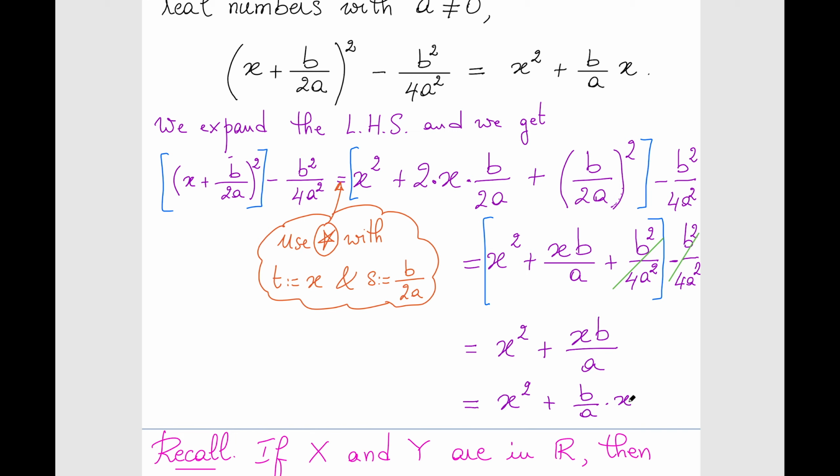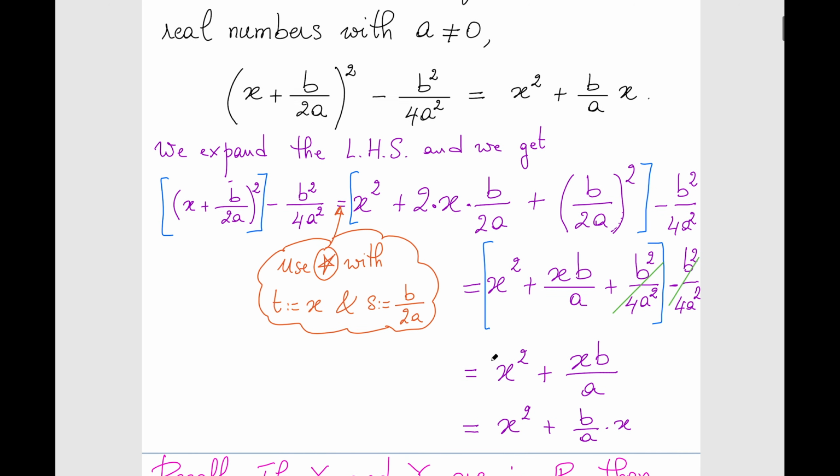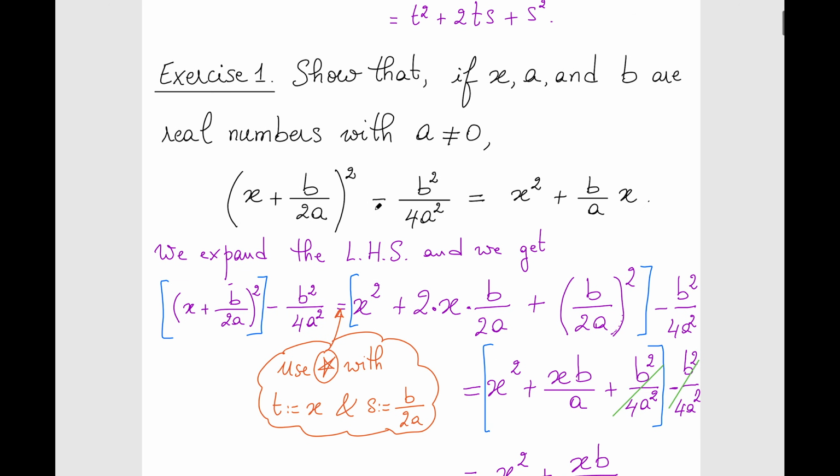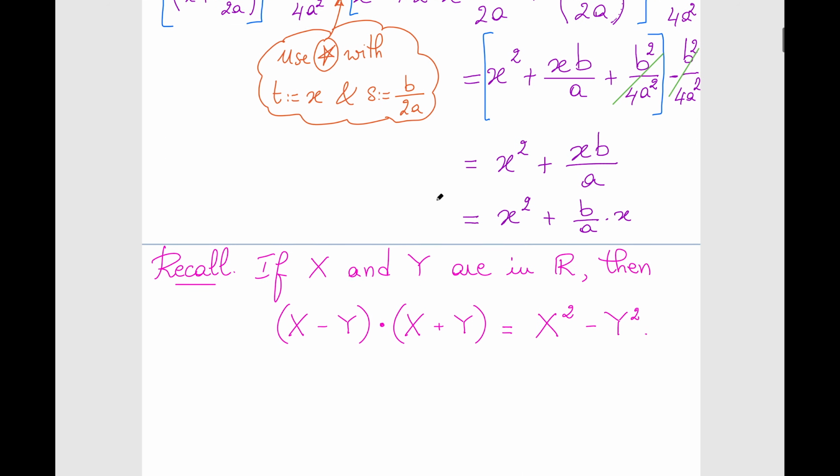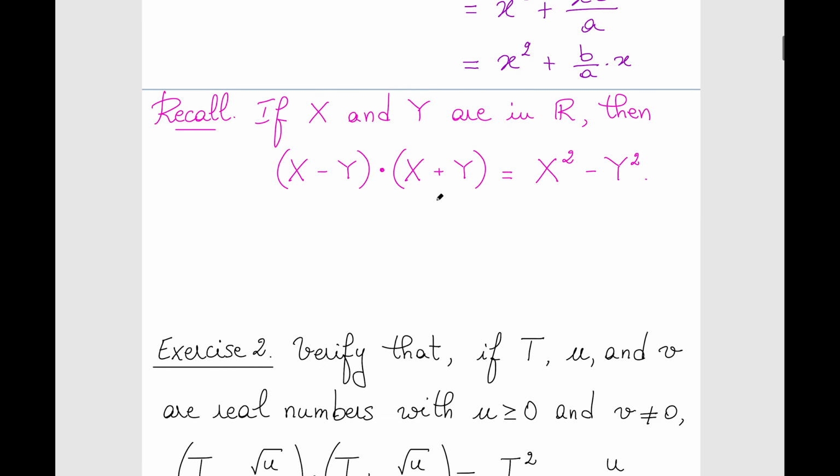Which is the right-hand side as desired. So this shows the validity of this identity for all choices of x, a, and b, as long as obviously a is not 0. Okay. All right. Next.